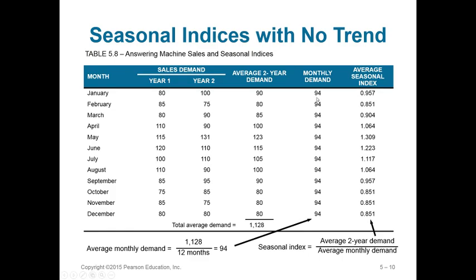So you have a monthly demand average out there, and let's say it was 94 as this one shows. But then you add in the seasonal index, which in this case might be a 0.957, and you would multiply that in there and adjust what you consider your forecast to be in the future.